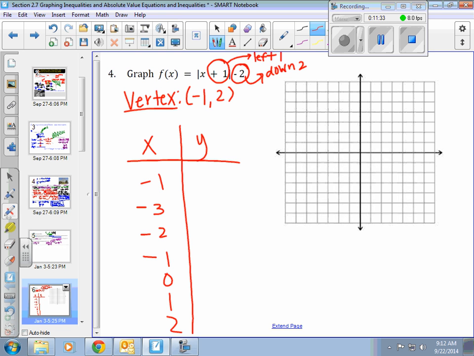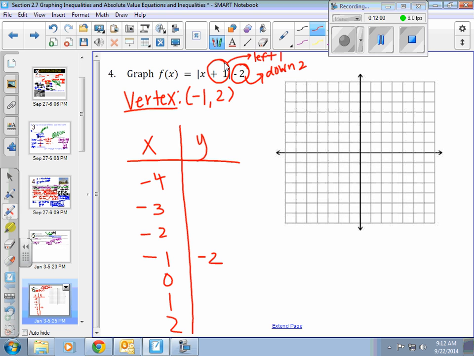So you plug in negative 1: negative 1 plus 1 is 0. The absolute value of 0 is 0. So 0 minus 2 is negative 2. Then I plug in negative, I don't know why I wrote negative 1, it should have been negative 4. So I know my negative 1 answer is negative 2. Let me fix this here. If I do negative 4, negative 4 plus 1 is negative 3.